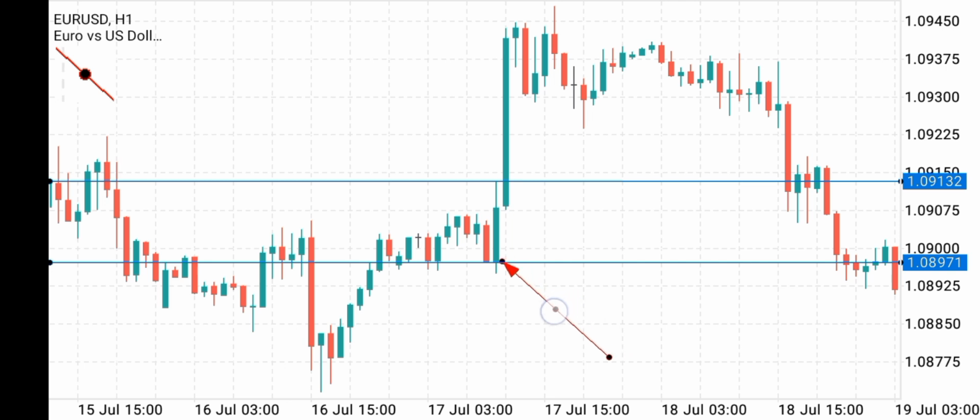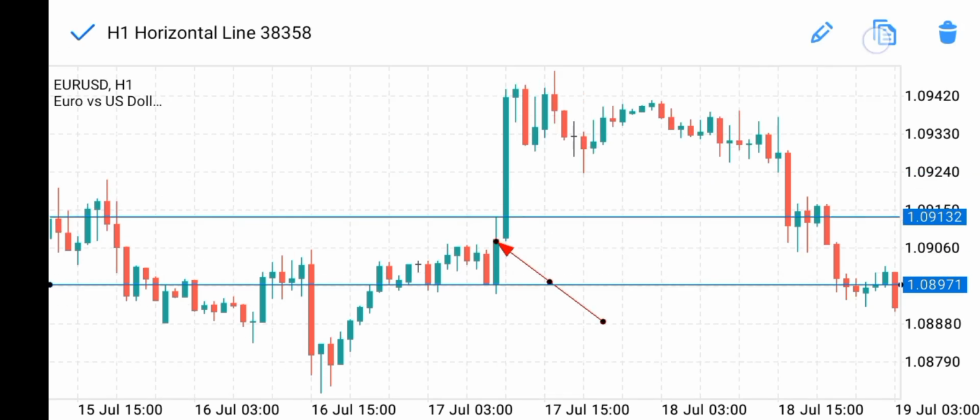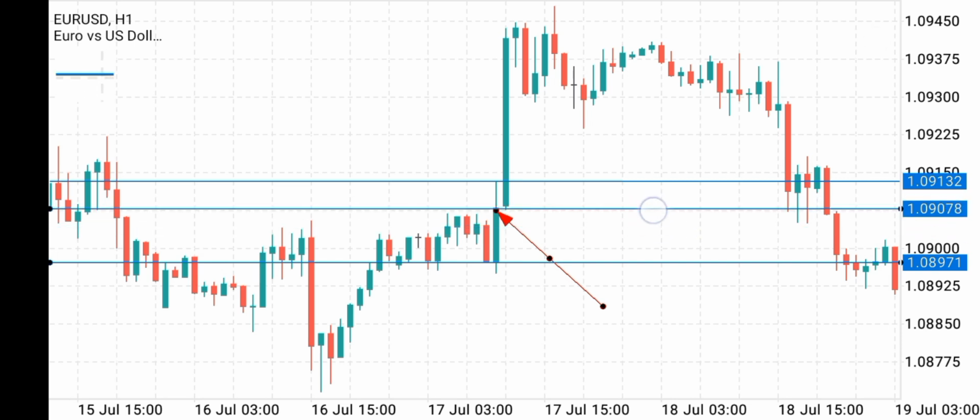I said if I'm to interpret this bullish candlestick, this green candlestick, I would tell you that this candlestick opened at this price level right here. The buyers pushed price to this point, this price level right here, but at the end of the 1 hour, the buyers closed the price at this place right here. So I will draw another line for you at this place.